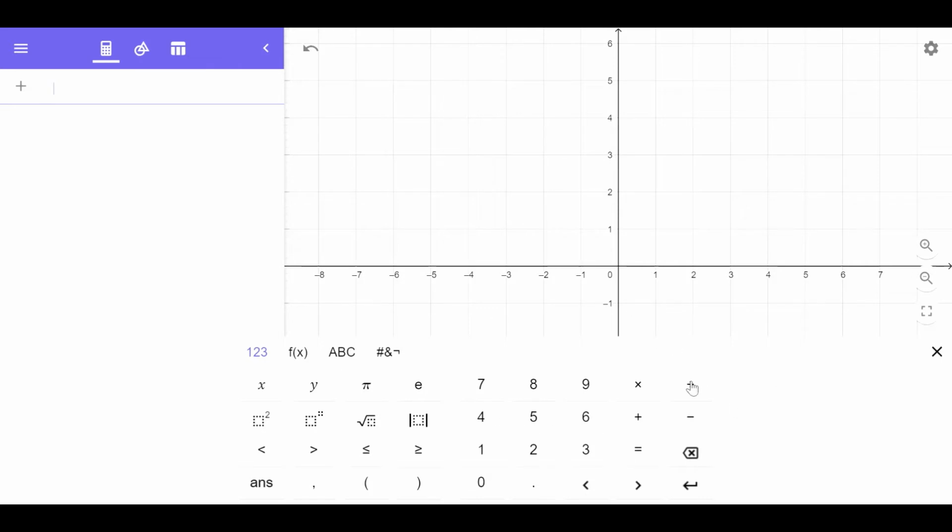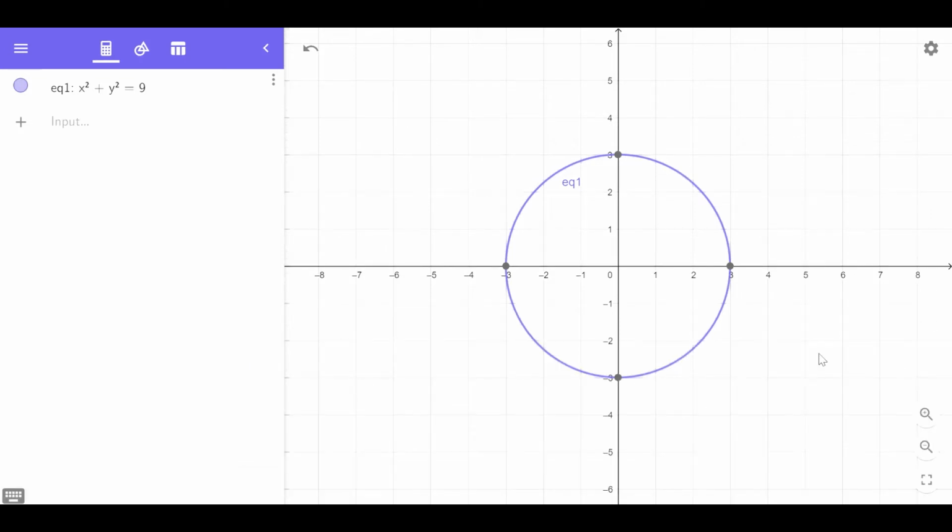Meron ditong keypad. So, input natin yung equation natin: x squared plus y squared equals 9. Ayan, yan yung graph ng example 1 natin.